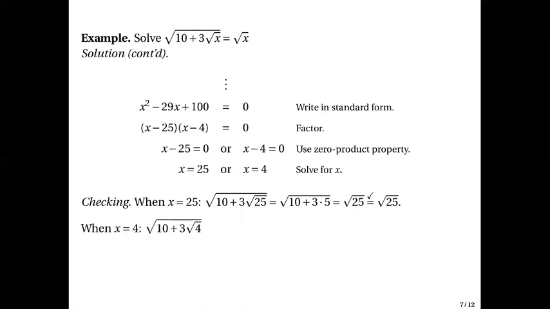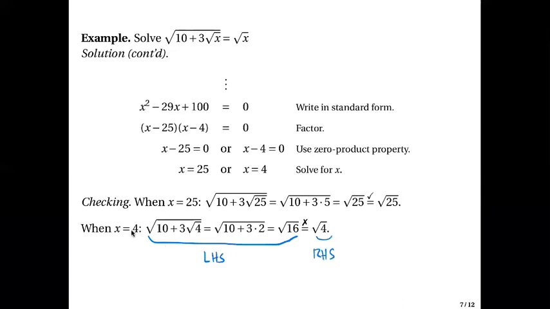If x equals 4, so square root of 10 plus 3 times square root of 4. Square root of 4, that's 2. Square root of 10 plus 3 times 2. 3 times 2, that's 6. 10 plus 6, that's 16. So square root of 16, that's not the same as square root of 4. So again, this is your left-hand side and this is the right-hand side.